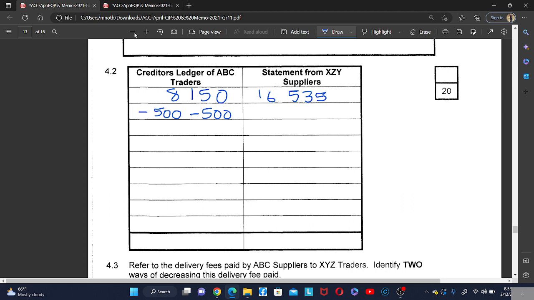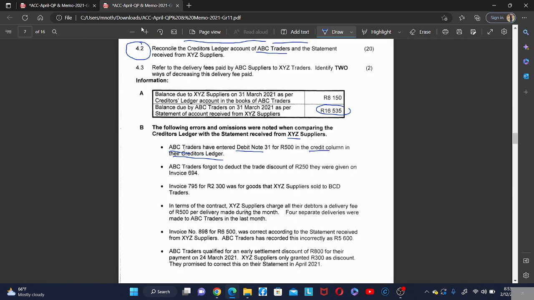So what we are doing now is first subtracting the 500 rand that we added, and then subtracting the 500 rand which we're supposed to subtract. Okay, the next one.